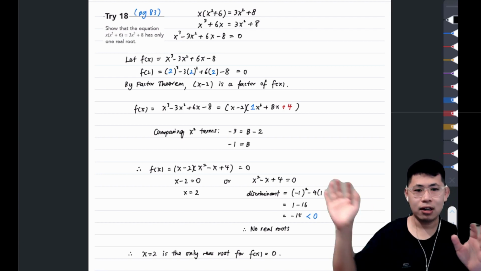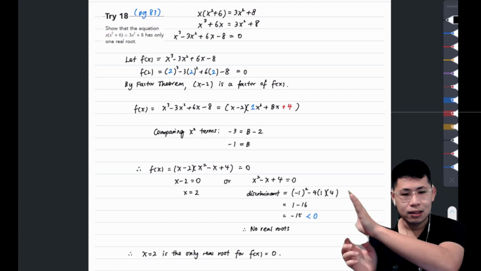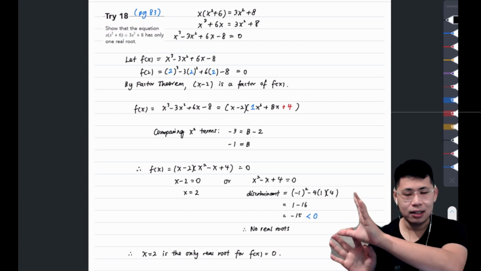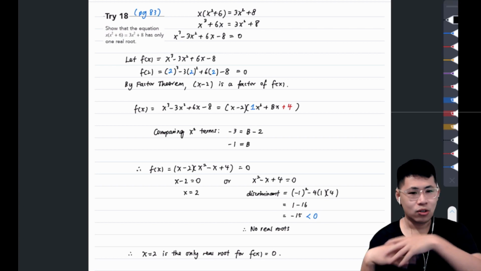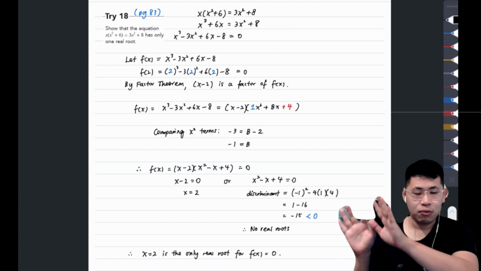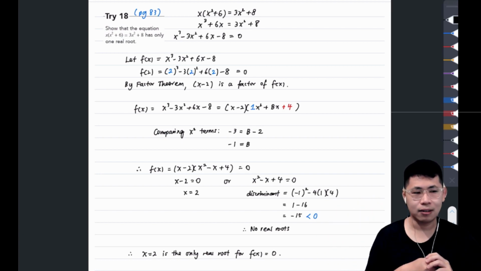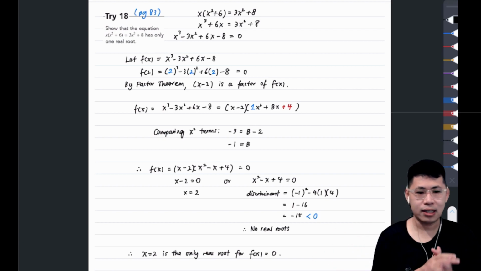After we factorize, we have 2 as our first real root. And the quadratic factor equals 0 has no real root because the discriminant is less than 0. So we show that there is no real root for the second quadratic factor. Because of this, x equals 2 is the only real root for f(x) equals 0.